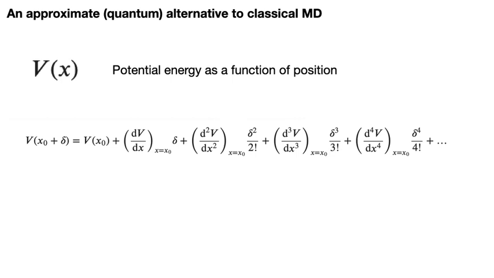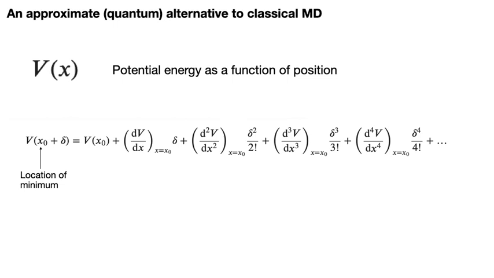As you hopefully know, the Taylor series has to be expanded around a point. This is the point x0 in this expression. When we use the Taylor series in the way that I'm going to describe in this video, we will choose x0 to be the location of a minimum in the potential V of x.